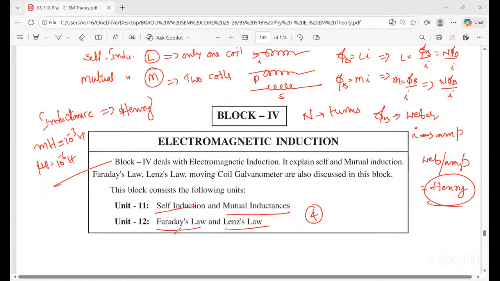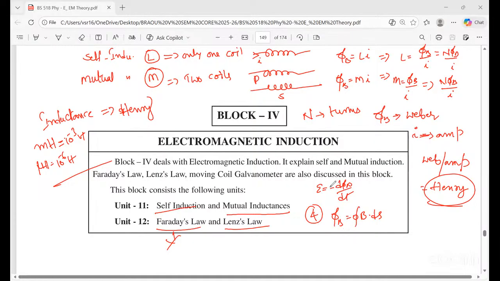And Faraday's law. So this is the important equation, Faraday's law. EMF equals minus d phi v by dt, where phi v flux is the surface integral of B dot dS. Okay.